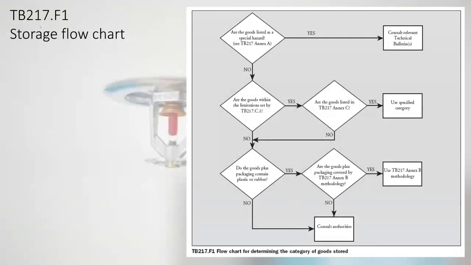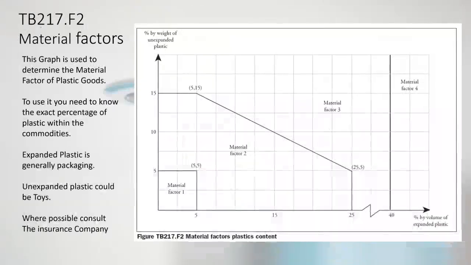Now, if you are going to use Annex B, which is basically Figure 2, and also the tables associated with it, you need to know specifically what you're playing with. You need to know if it's expanded plastic or unexpanded plastic. Your client has to tell you exactly the percentages that he sees going into here, because that will determine the material factor.